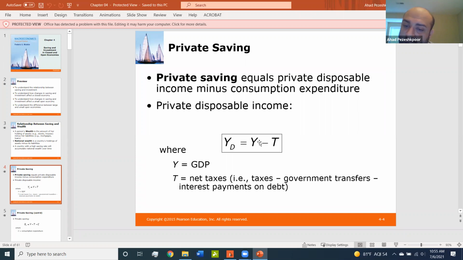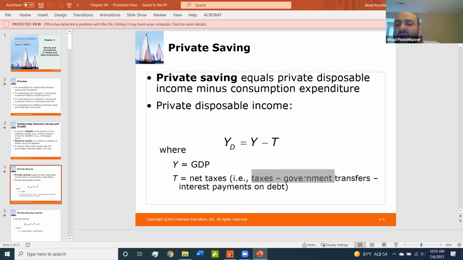So private disposable income is everything we're making by producing after we paid the government. After we paid the government taxes, whatever we have left is our disposable income. Y disposable is total Y, total production by the private sector, minus T, total taxes that go to the government, net taxes. Taxes minus government transfers.